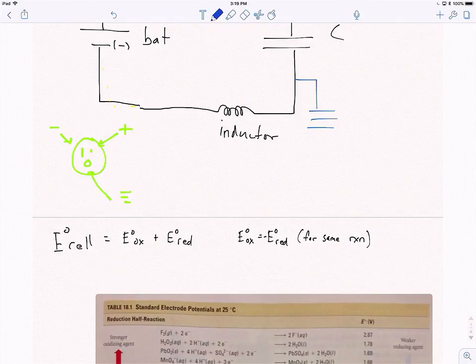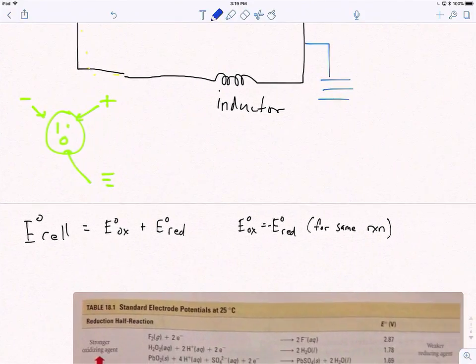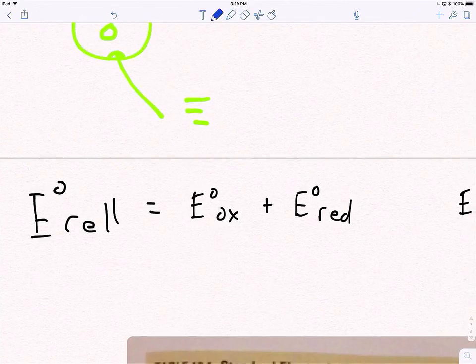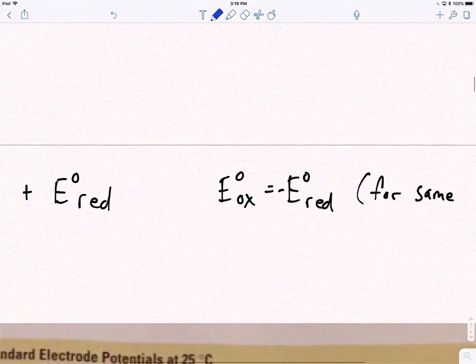Any questions? All right, so I talked about the standard cell, and what we had there was zinc and copper. The standard cell is the potential for oxidation and the potential for reduction, all standard.